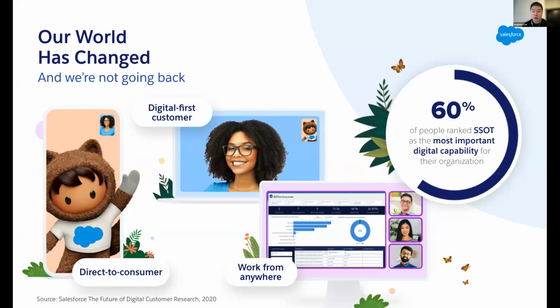Long story short, all of these changes have really affected how customers and brands are building and maintaining their digital relationships. But ultimately, the goal is to make these experiences feel as personal and as human as live, in-person relationships.